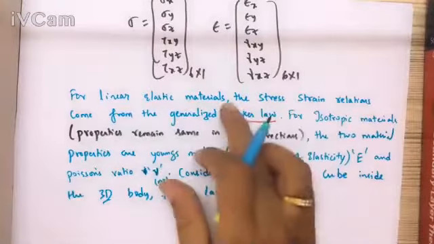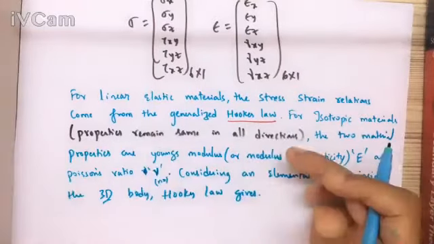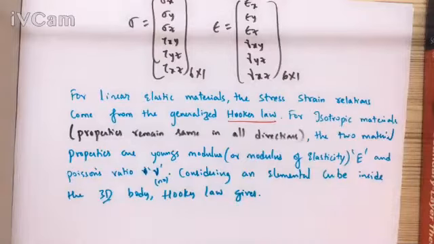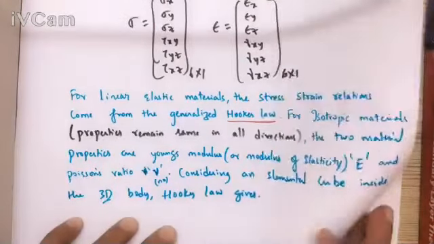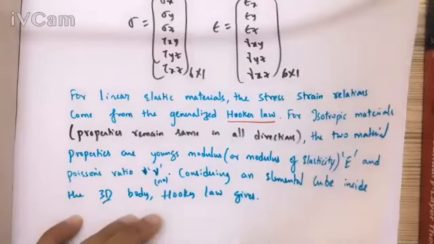Now, for linear elastic material, the stress-strain relations come from the generalized Hooke's law. We know stress is directly proportional to strain. For isotropic materials, there are two important properties. One is Young's modulus or modulus of elasticity, and the other one is Poisson's ratio, denoted by nu. So now let us consider an elemental cube inside a three-dimensional body, and let us try to write these stress-strain relations there, from Hooke's law.